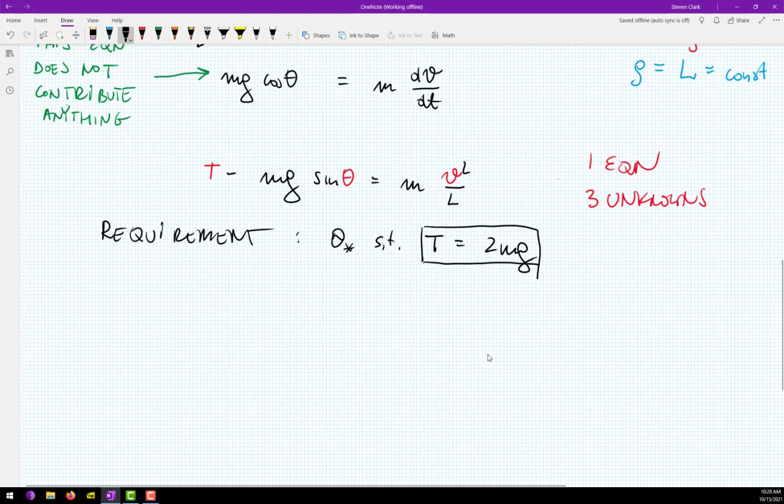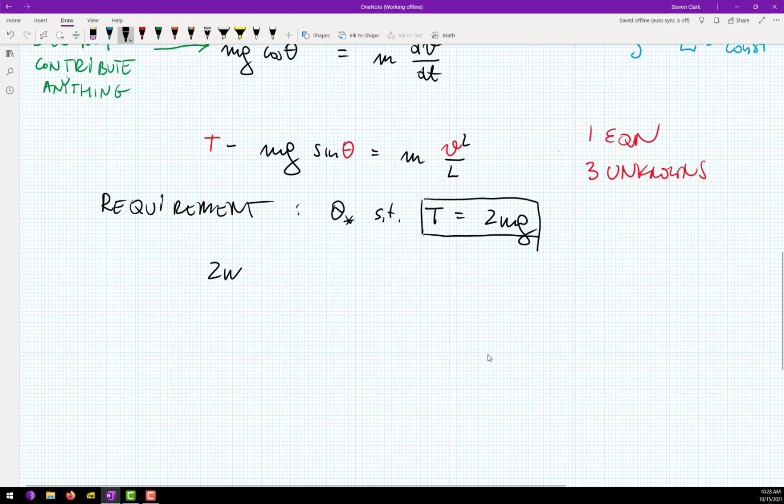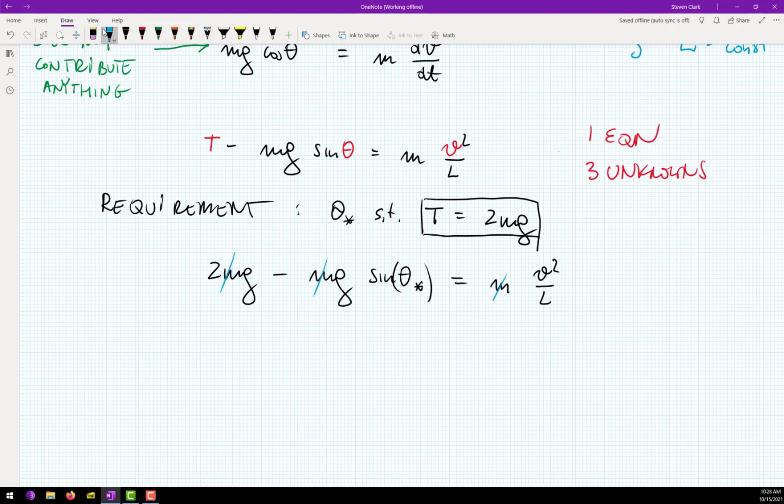We will have 2mg minus mg sine theta star equal to m v squared over L. And you can see that m cancels out. So we ended up with 2g minus g sine theta star equal to v squared over L.